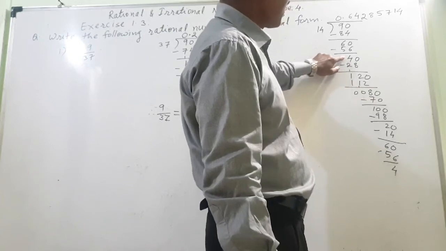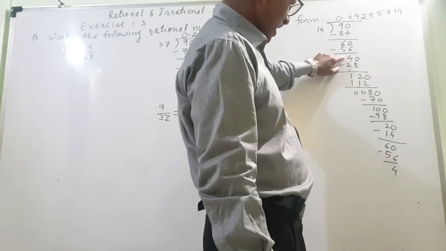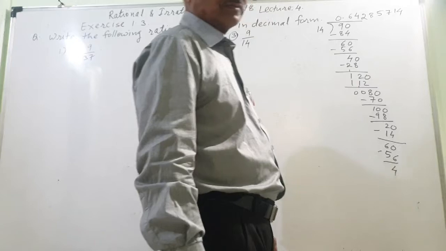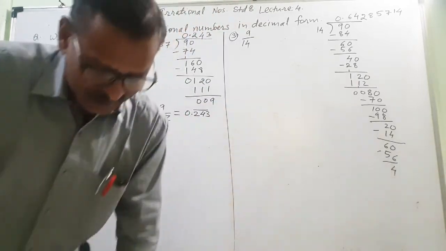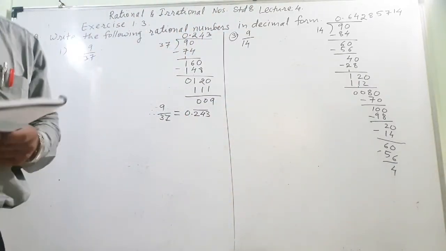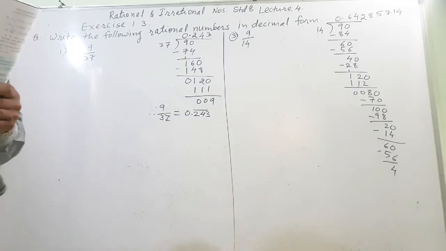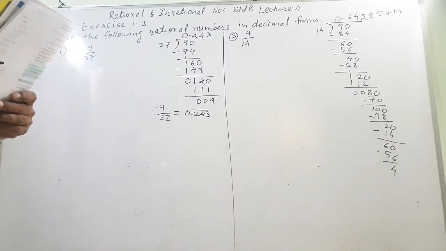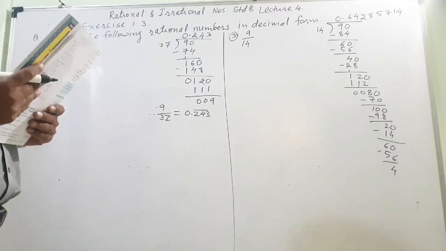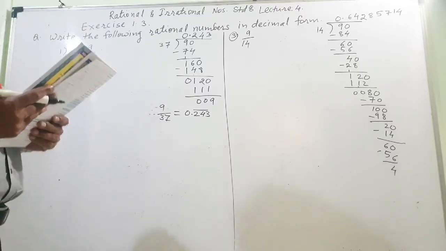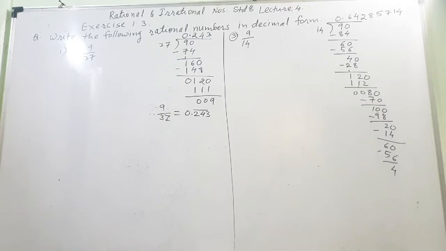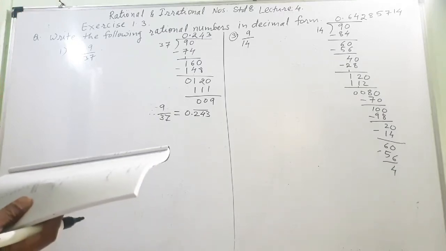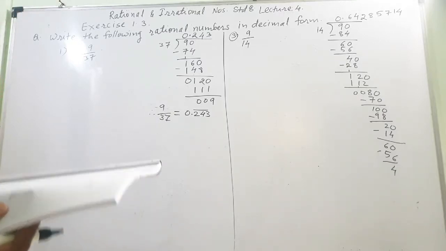Here it was 4. Again here it is 4. So, the pattern has started to repeat itself. Isn't it? So, from where has it started repeating? We have to notice that.